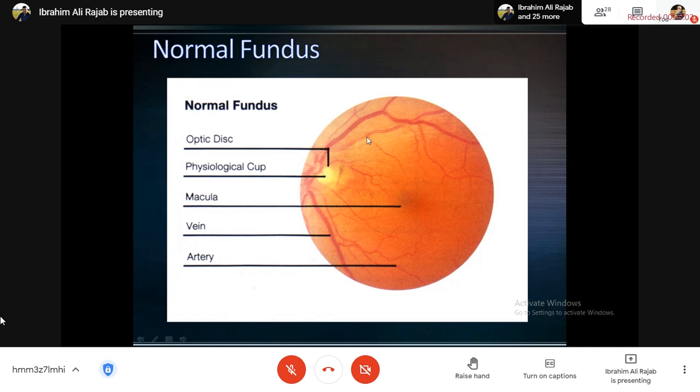The blood vessel which has a narrow caliber and is brighter in color is the artery. Then we observe the central part of the retina, which is very important for central vision. It's called the macula, which has the highest concentration of photoreceptors, the cones and rods.